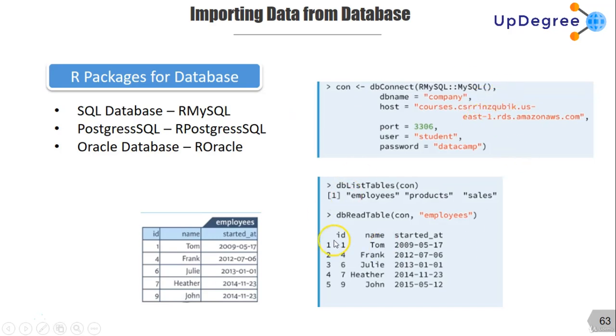I am giving just an example, but this is not exhaustive. You can use the dbConnect function in the RMySQL package, and that is how you can name the database name. You can specify the host name, port, user and password, and once you get it, you can mention which table you want to access.